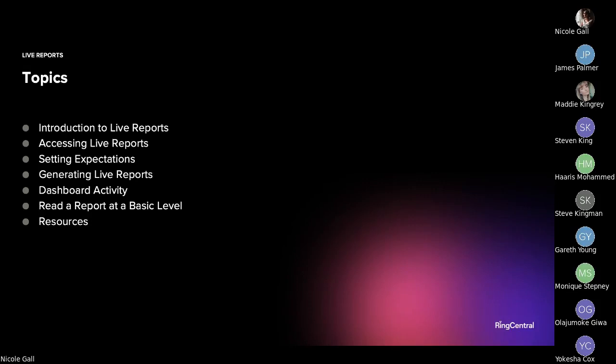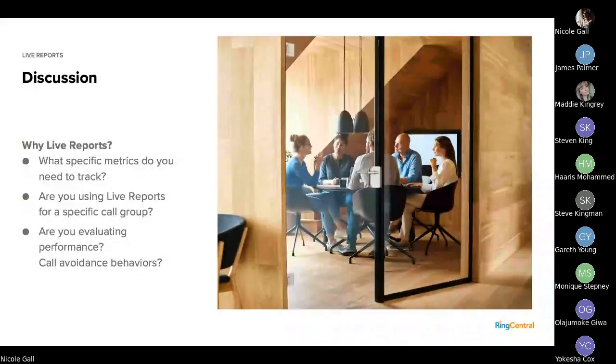We'll dive into dashboard activity. And then towards the end, I'm going to do a little bit of a quiz, and we're going to talk about reading a report at a basic level. And then, of course, before we part ways, I'll show you where you can find those additional resources if ever you need them.